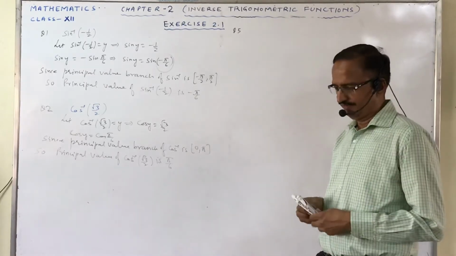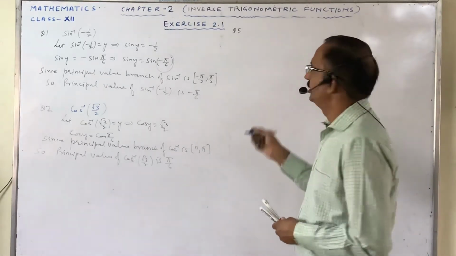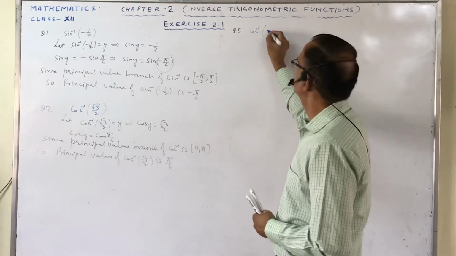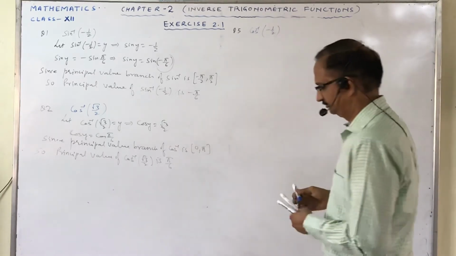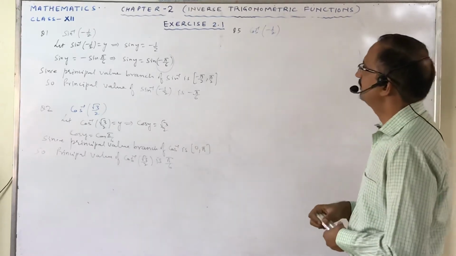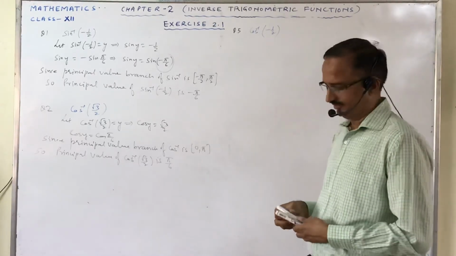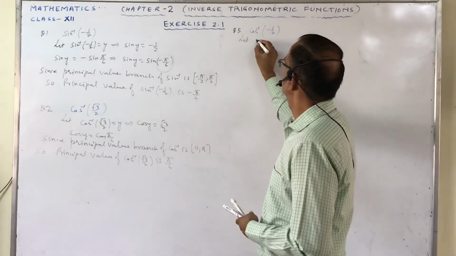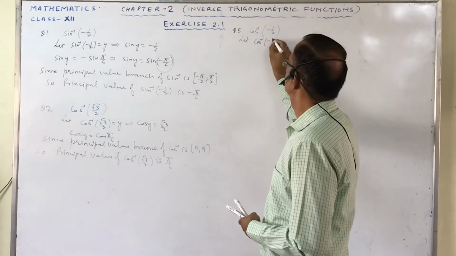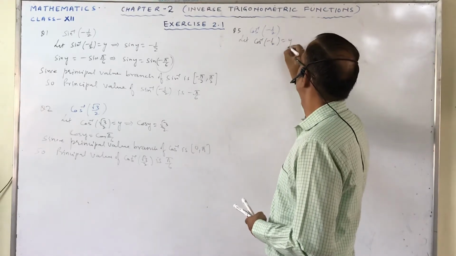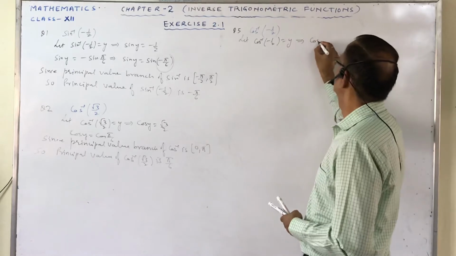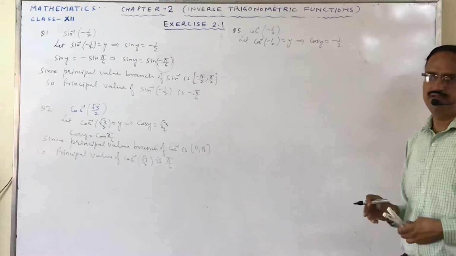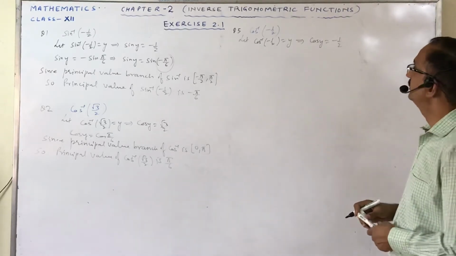In question number 5 we have cos inverse minus 1 by 2. So we have to find the principal value of this function. So we will start. Let cos inverse minus 1 by 2 equal y. Then this implies that cos y equals minus 1 by 2, and this is the value at pi by 3.